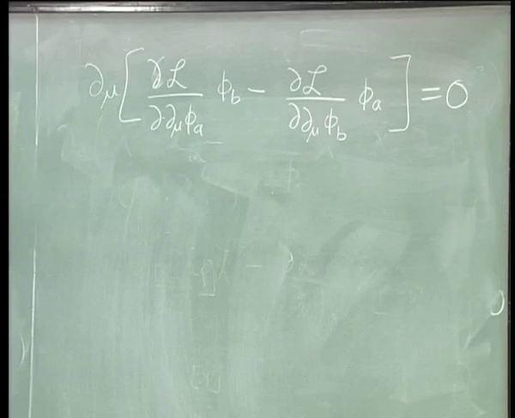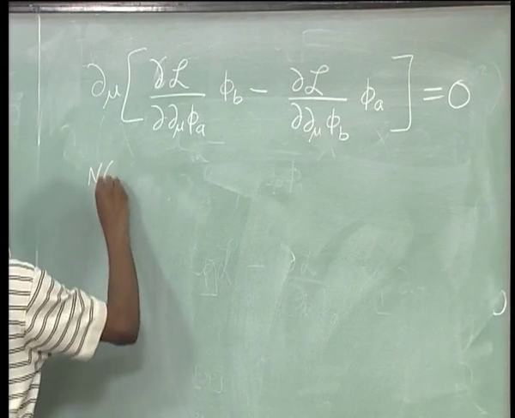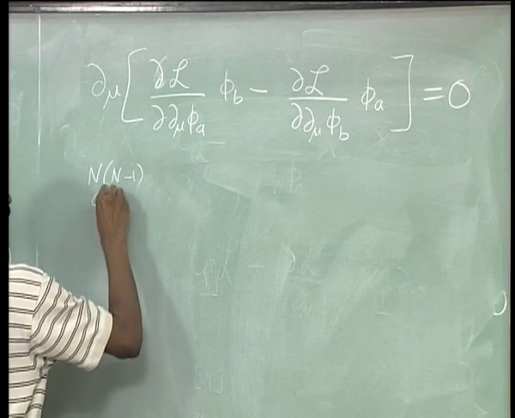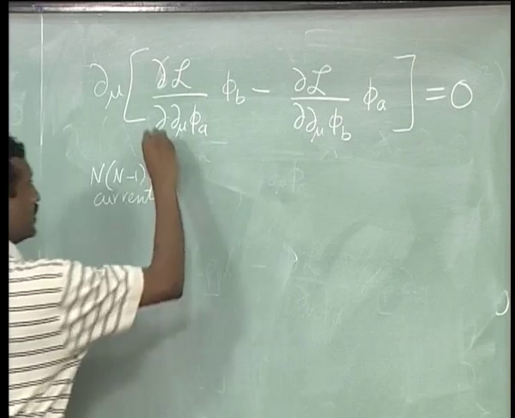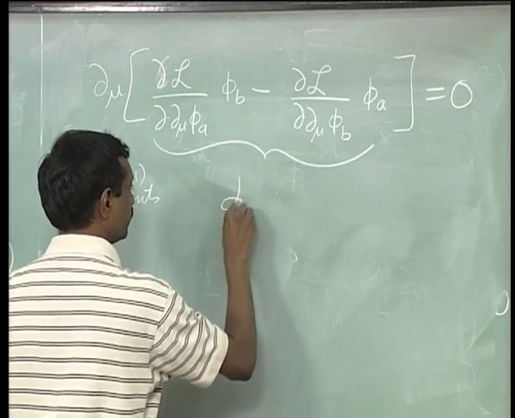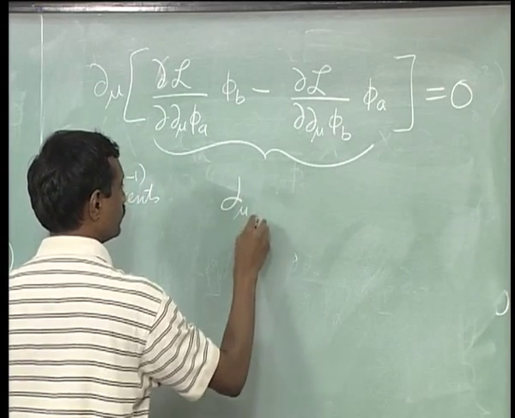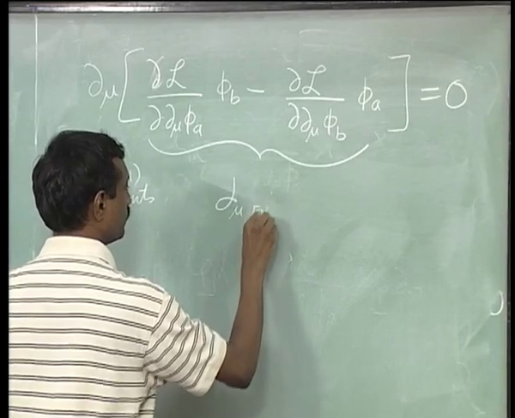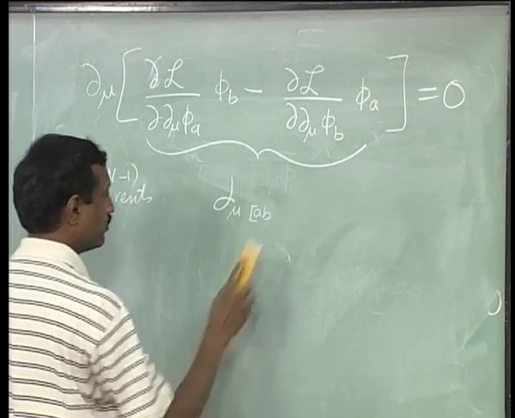Okay. So, that I can now just do the simple device of erasing this. So, how many currents do I get? I get n into n minus 1 over 2 currents. So, we will just call this J mu a b. Here upper lower do not mean anything.